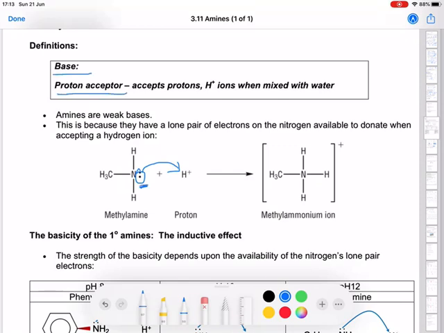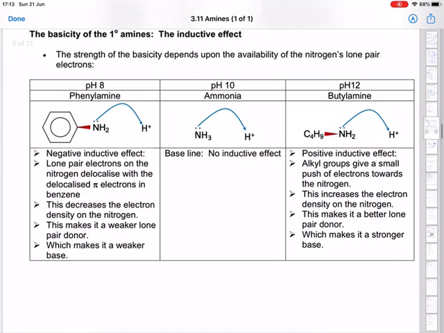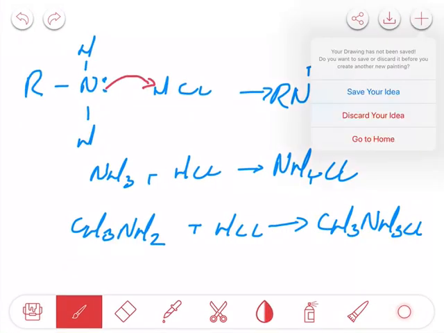So if these lone pair of electrons here are more readily available to accept a proton, it will be more basic. If they are less readily available to accept a proton, it will be less basic. And we've already had a look at the positive inductive effect when we were looking in the alkenes.